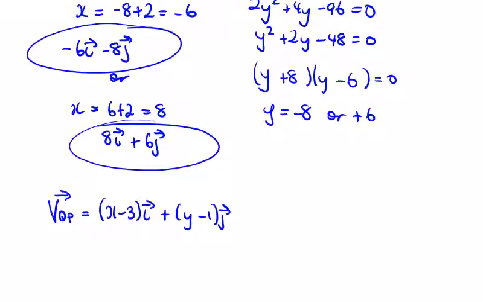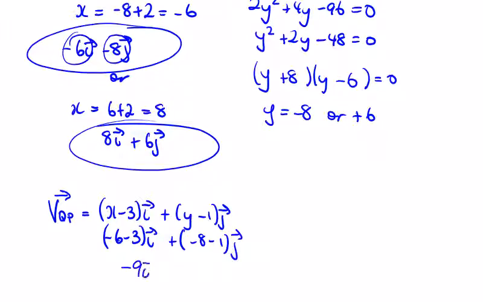When x is minus 6, we get minus 6 minus 3 in the i direction, plus minus 8 minus 1 in the j direction, which is minus 9i minus 9j.